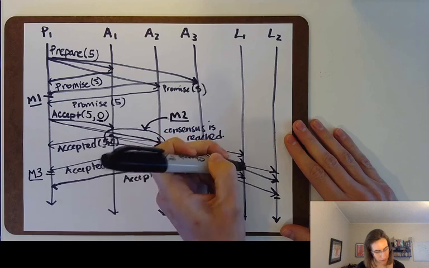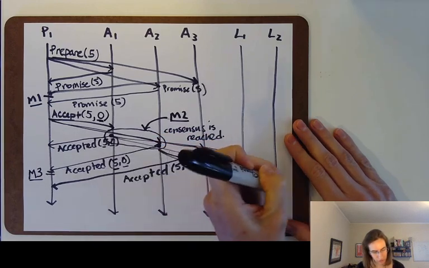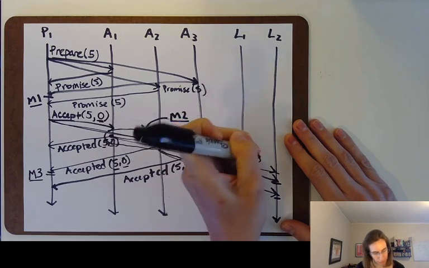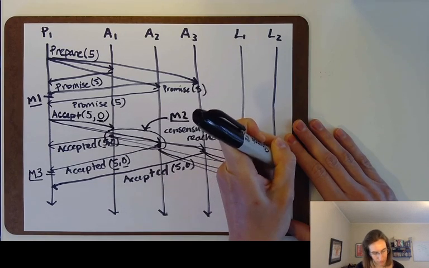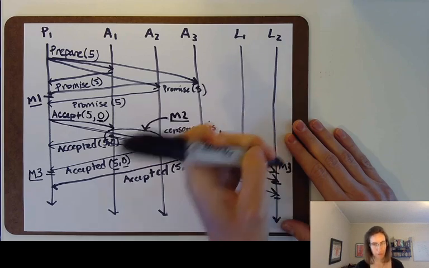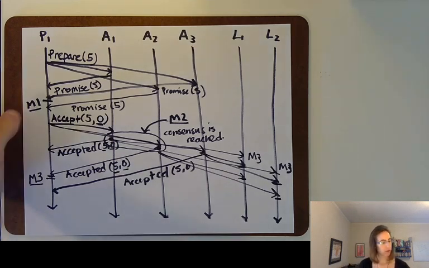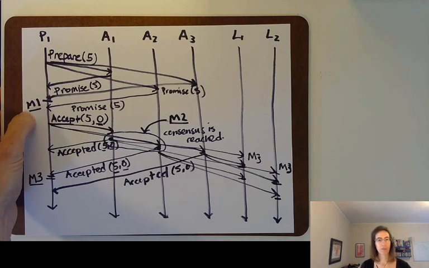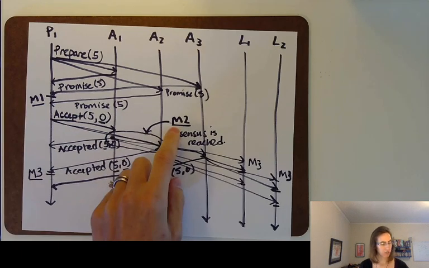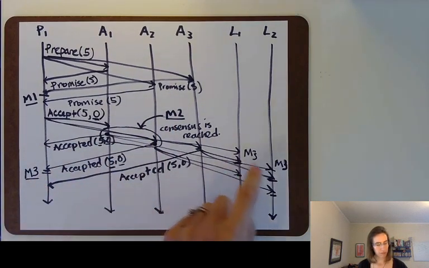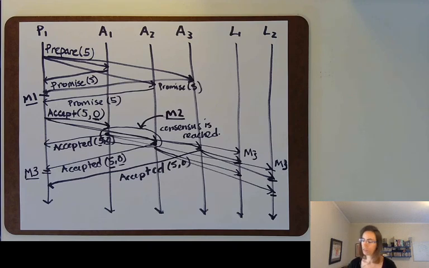Learner 1 got them here. Learner 2 got them here. So that's milestone 3, the point at which these participants in the algorithm know that consensus has been reached. So those are the milestones. Milestone 1, a majority of acceptors have promised a particular proposal number. Milestone 2, consensus has been reached. Milestone 3, individual participants know that consensus has been reached.